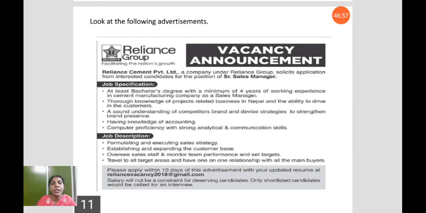You can list one target that you have achieved, small or big. Travel to our target areas and build relationships with all the main buyers. Here you need good communication skills, which you have already written. Another is travel, so in the interests column you can write that traveling is your hobby or interest. In that way you can bring all the requirements into the resume.